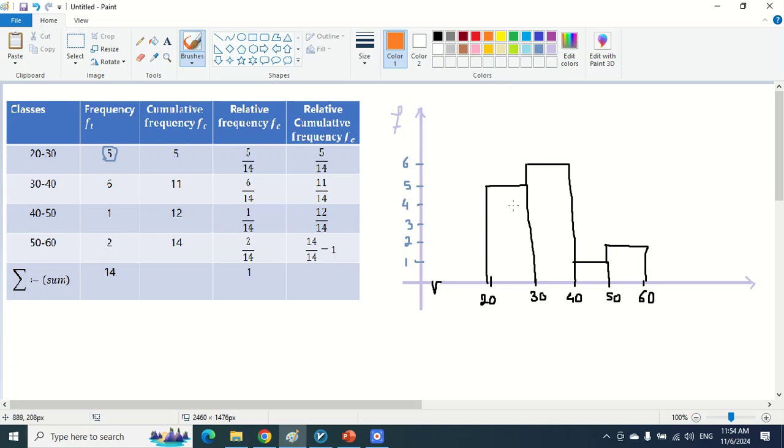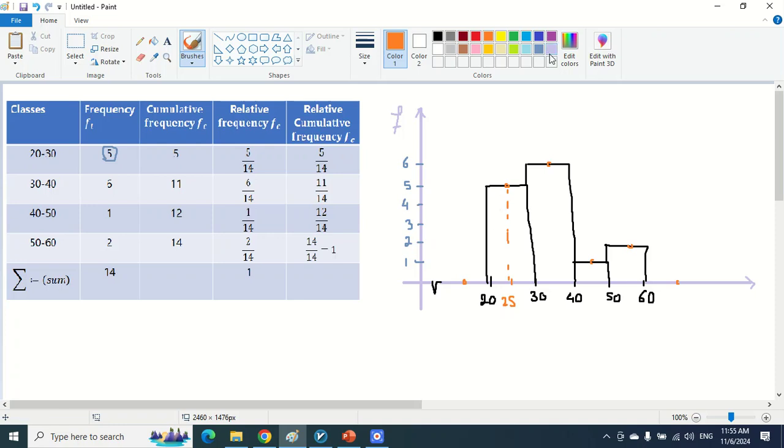To sketch the polygon diagram, I just find the midpoints of them and connect these midpoints. Means that I just use the last one as well. So this is the class mark indeed. When I choose the midpoints, 25 is the class mark of the first one.